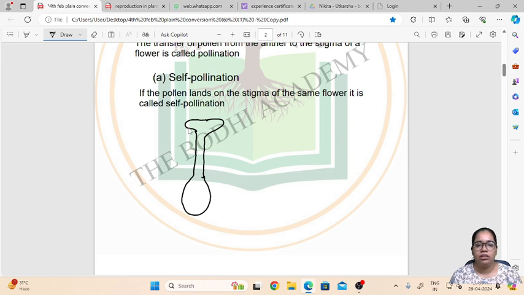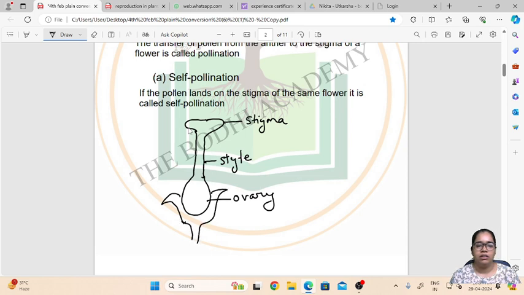So this is the flower which consists of the stigma, this is the style, and this is the ovary. Consider this as a single flower. These are the sepals.